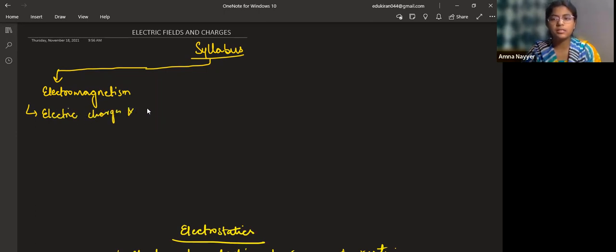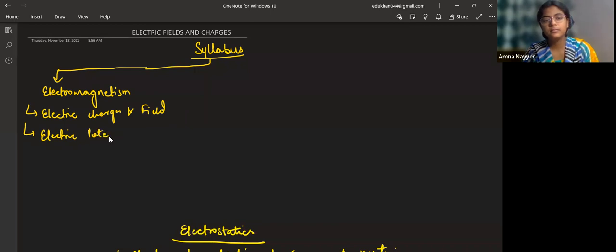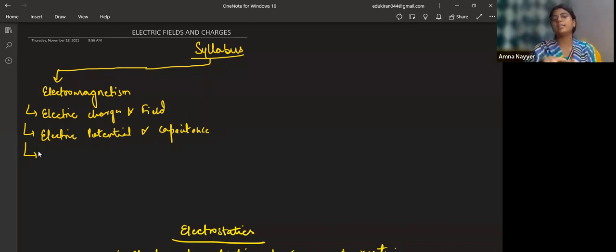Secondly, you have electric potential and capacitance. These two lessons are included under electrostatics.